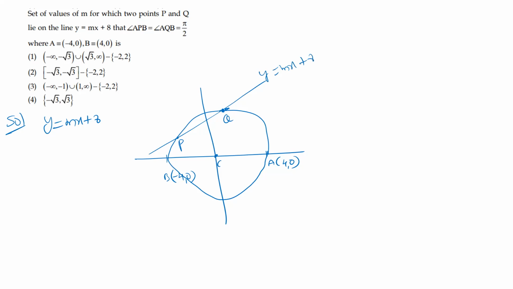Somewhere it may intersect. Now, AB is the diameter of the circle. There is an angle APB, which is 90 degrees as given. AQB is also given as 90 degrees. At P and Q the angle is 90 degrees, which means whatever point we take, we can clearly draw the perpendicular distance from the center to this line, because from both endpoints of the diameter, the angle at P and Q is 90 degrees.